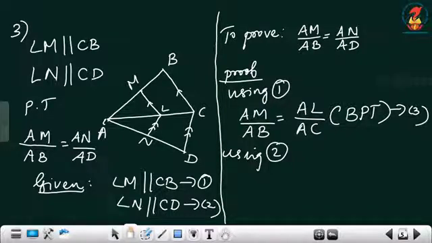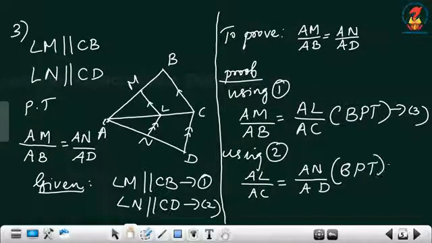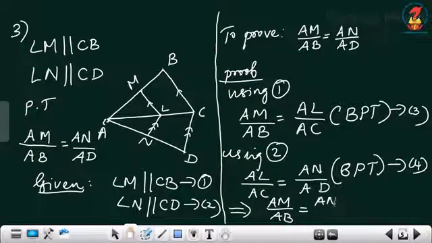Using 2, LN is parallel to CD in triangle ADC. So we can write AL by AC is equal to AN by AD, again using BPT. Mark this as equation 4. From 3 and 4 we can write AM by AB is equal to AN by AD. That is the result which we need.